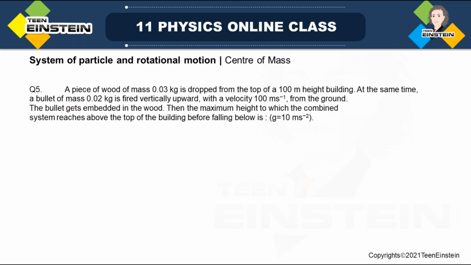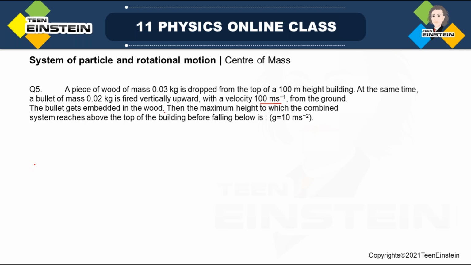At the same time, a bullet of mass 0.02 kg is fired vertically upward with a velocity 100 meter per second from the ground. The bullet gets embedded in the wood. The maximum height to which the combined system reaches above the top of the building before falling below is what?